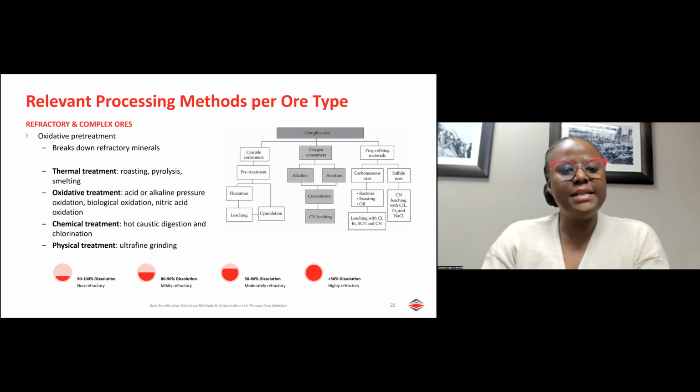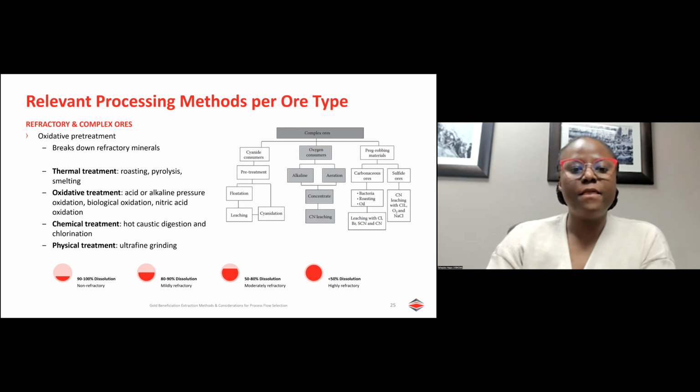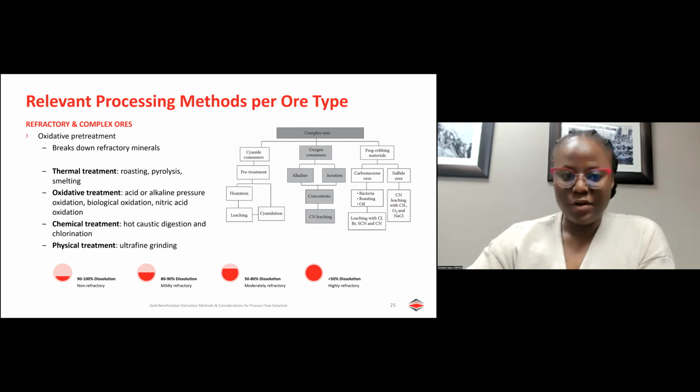If it is between 80 and 90, it is mildly refractory, or it may be regarded as complex, and it might require some form of pretreatment in order to improve your recovery. Then below that, you're dealing with a refractory ore.